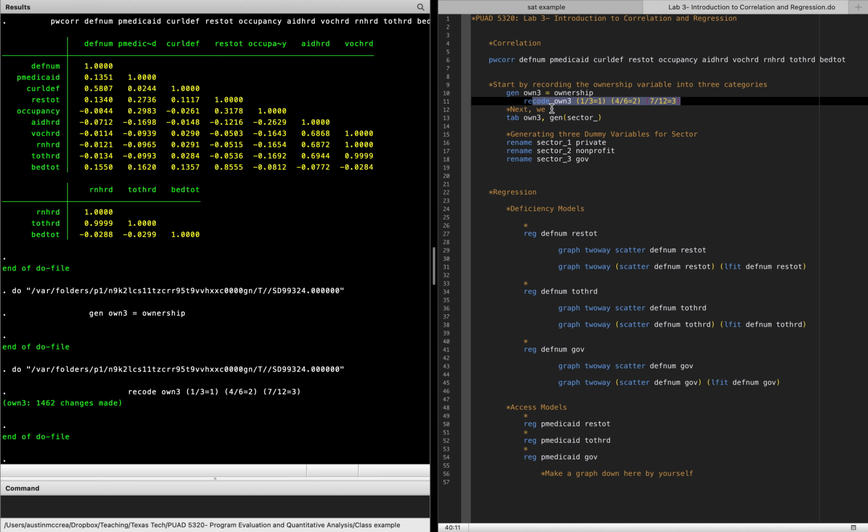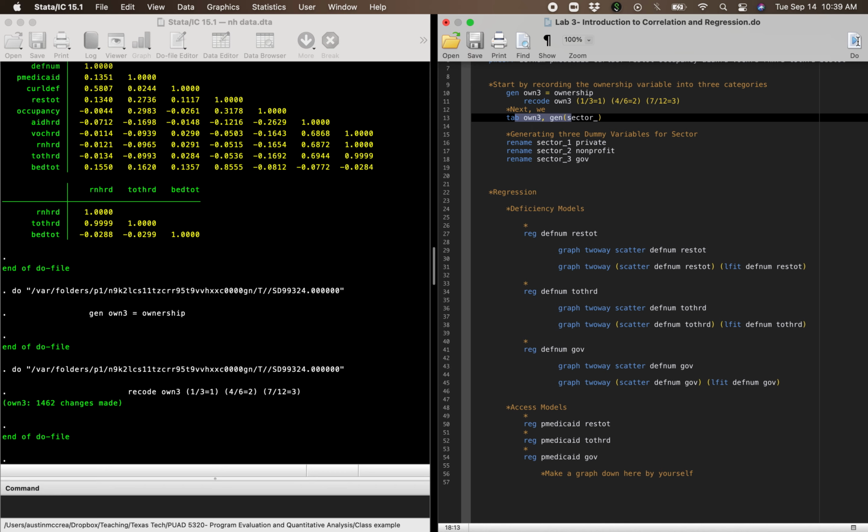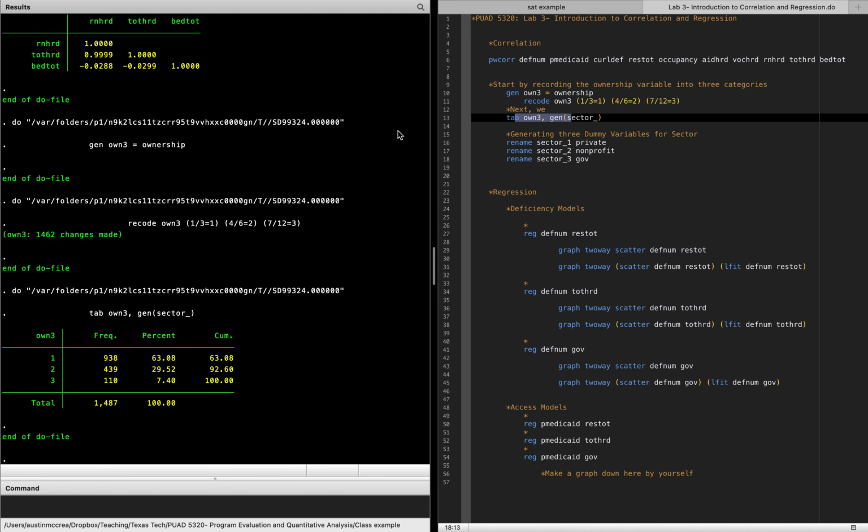Right, and so what this will do is give us basically 3 sectors. So next we're going to highlight this line, which is going to tab our new variable and generate 3 new variables for each of those categories. Right, so we'll run that command. So this comma gen with sector, what this does is creates new variables.